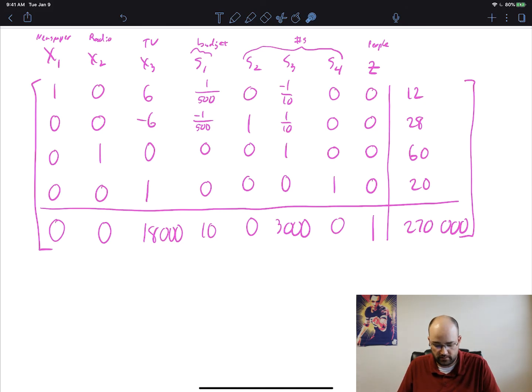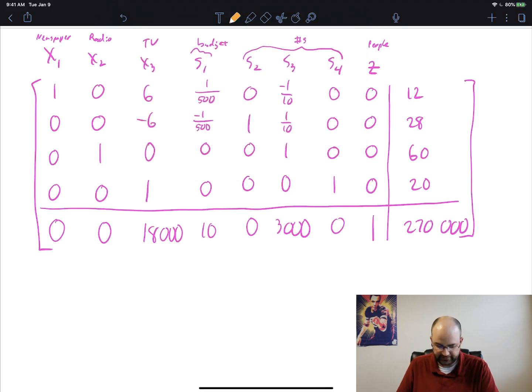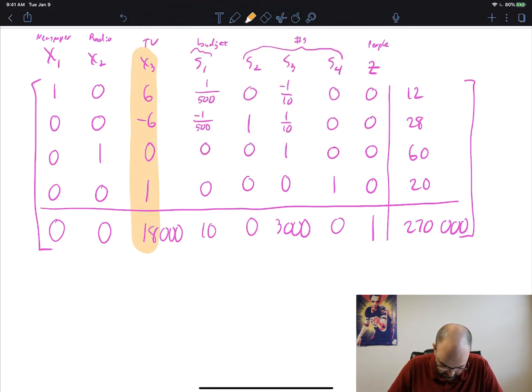So we're done. Okay, now it's important for us to realize which ones are zeros, first of all. And notice that actually this time, the TV column is 0. And also, the budget is still 0, which means we're still using the entire budget.